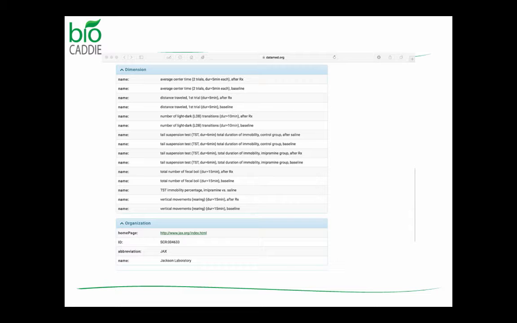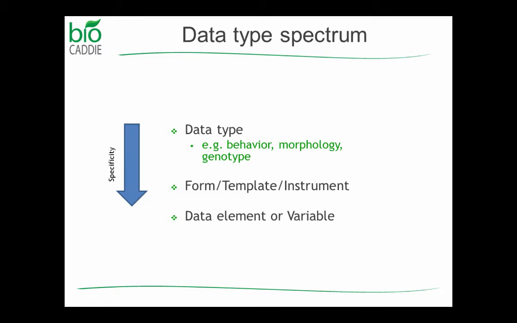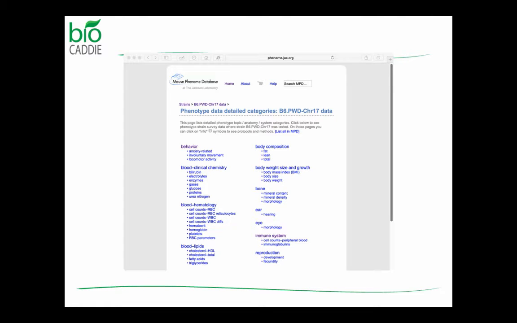What is distance travelled, first trial, duration 5 minutes? How do you extrapolate that to something meaningful?